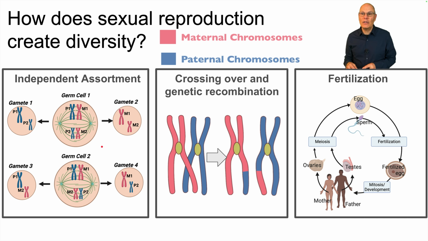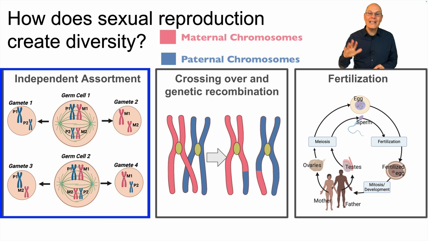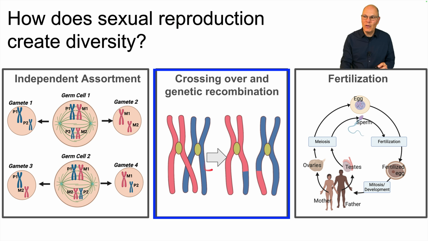How does sexual reproduction create diversity? One engine for diversity is independent assortment, and how it randomly arrays different combinations of chromosomes in the gametes. The other engine is crossing over and genetic recombination, which creates unique recombinant chromosomes.